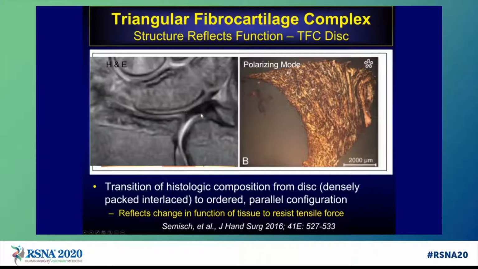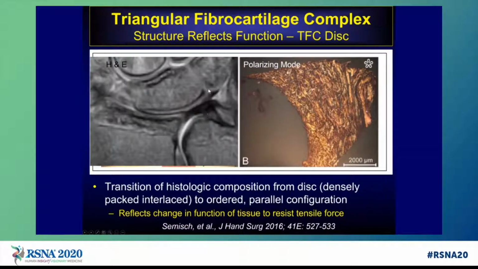So here the disc with those densely packed connective tissues moving to the transition where we then see the attachments to the ulnar styloid. You can see clearly that the morphologic change here and the histologic change go hand in hand, as well as the function.